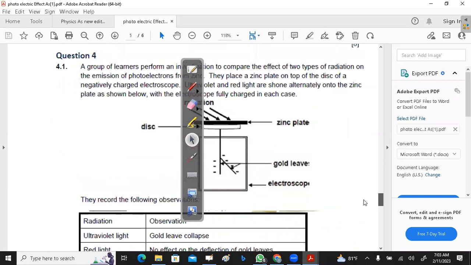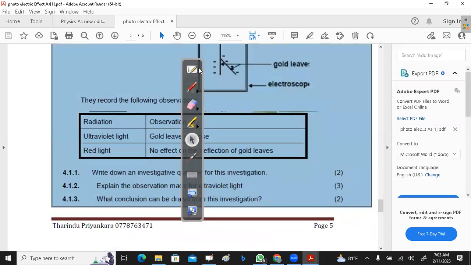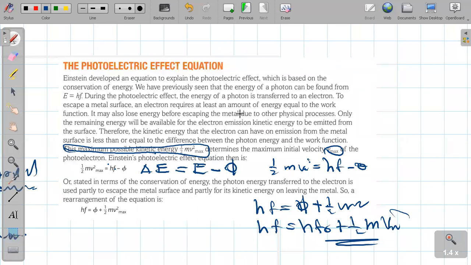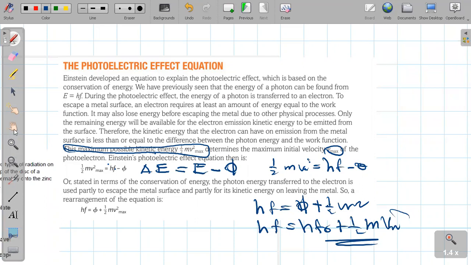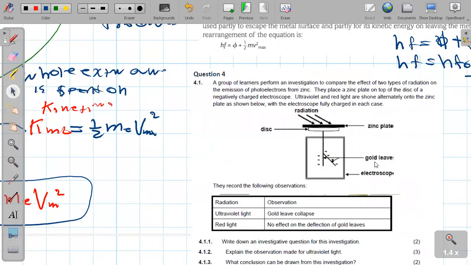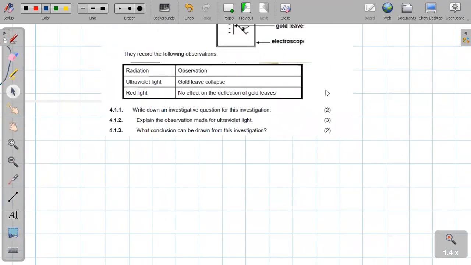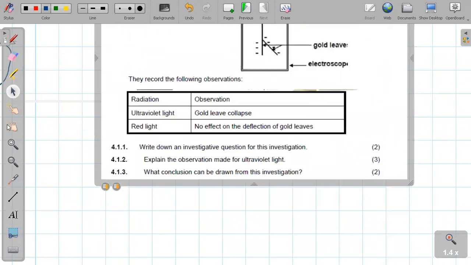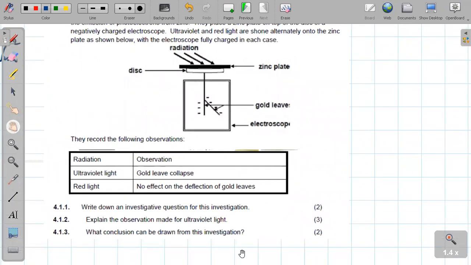So shall we start question number 4 here in the worksheet? It has some other parts too.